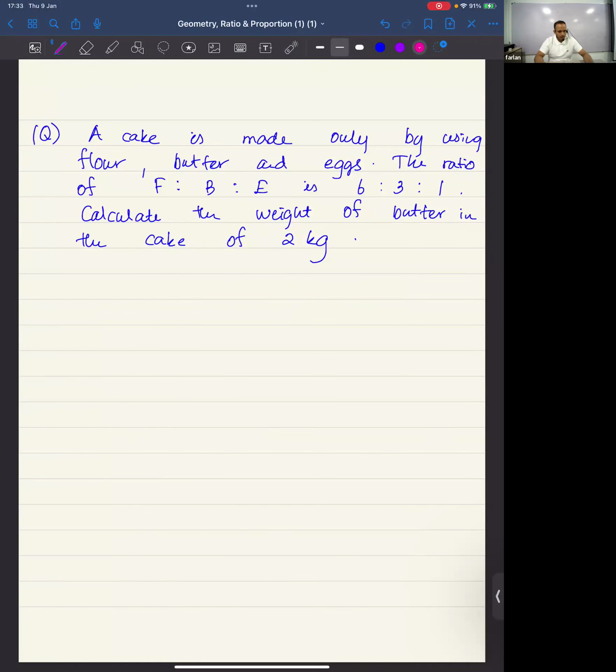Full stop. The ratio F is to B is to E. What is F is to B is to E? Flour to butter to eggs is 6 is to 3 is to 1.